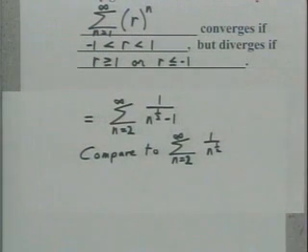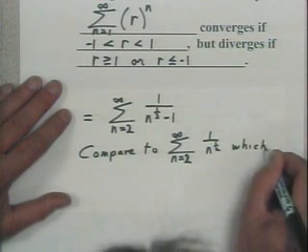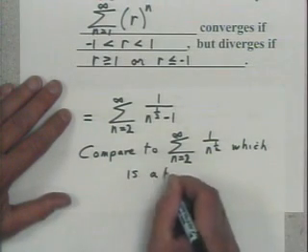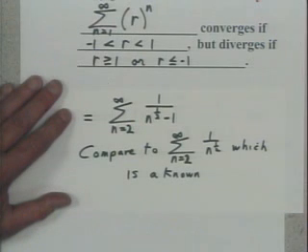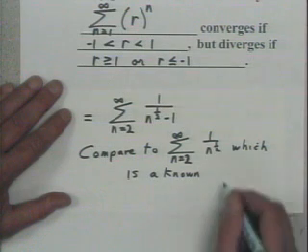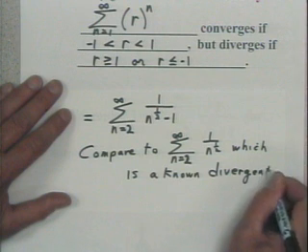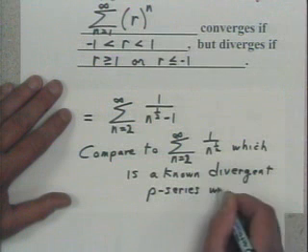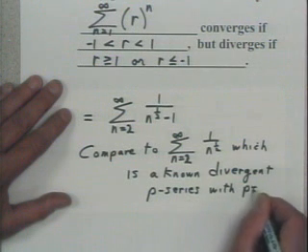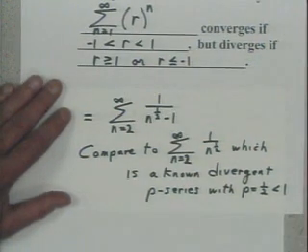So I'm going to compare it to 1 over n to the 1/2, which is a known, what kind of series? Convergent or divergent? Okay, it's a known divergent P series with P equal to 1/2, which is less than 1, right?